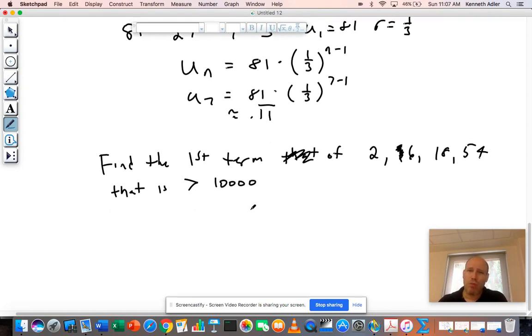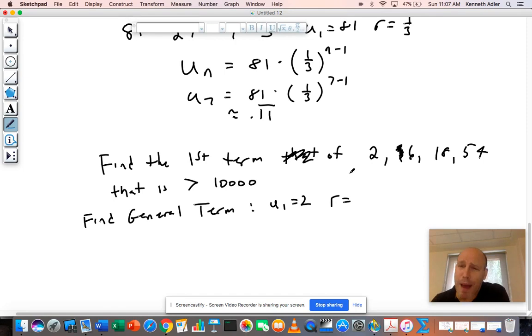So what do you do? Well, first thing I'm going to do is find the general term. I know that u of 1 is 2, and I know the common ratio. Just by inspection, I can see I'm multiplying by 3 each time. So I have u of n is equal to 2 times 3 raised to the n minus 1.